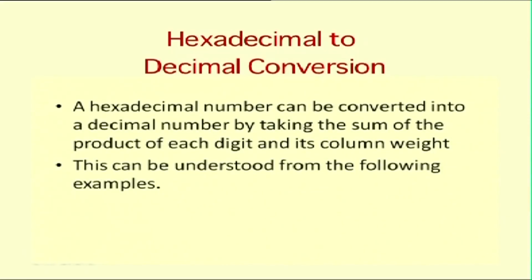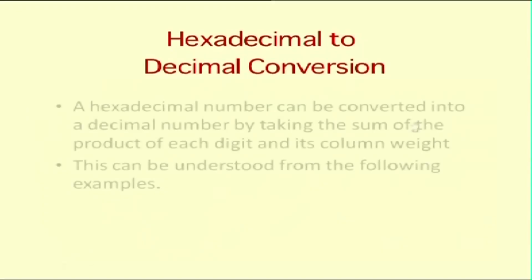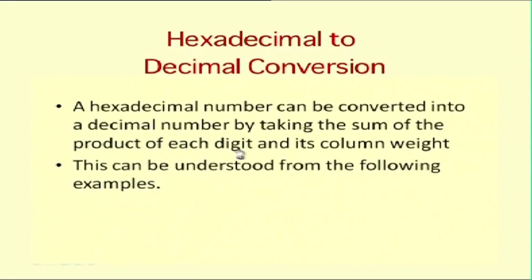Likewise, for every digit written in the hexadecimal form, we take the product of that digit and its power or weight, and then we add up. So that is what I mentioned here. A hexadecimal number can be converted into a decimal number by taking the sum of the product of each digit and its column weight. So, what do we mean by this?